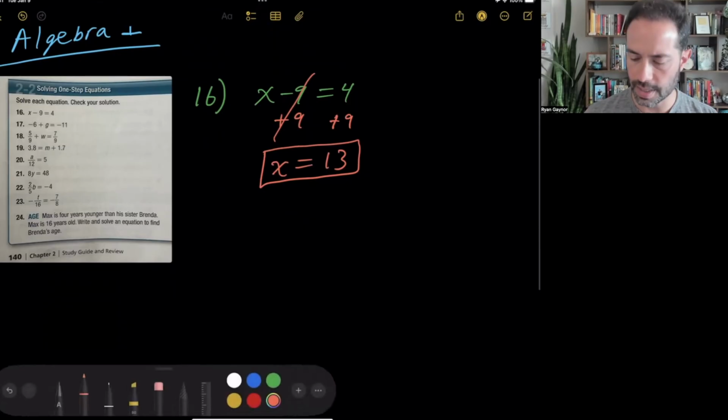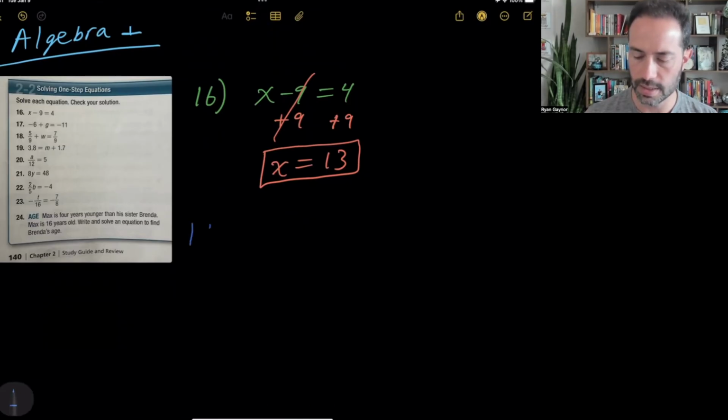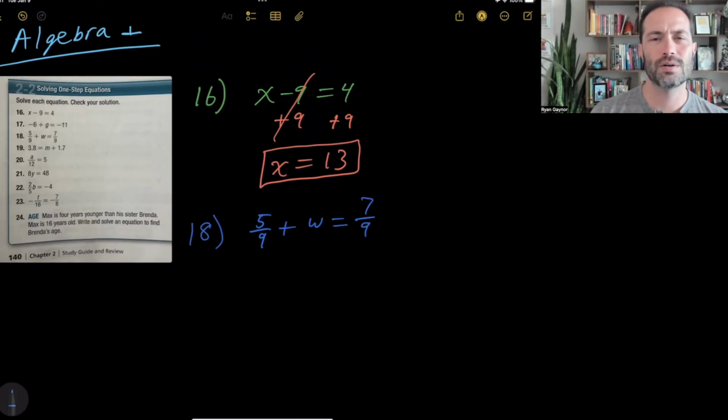So now we're going to dive into number 18. Okay, we have 5/9 plus w equals 7/9. Okay, so one more time, we ask ourselves what's happening to the variable, where there's a 5/9 being added to the variable.